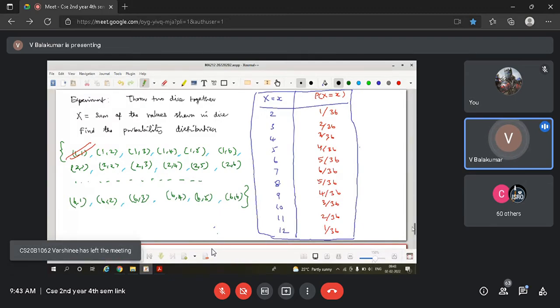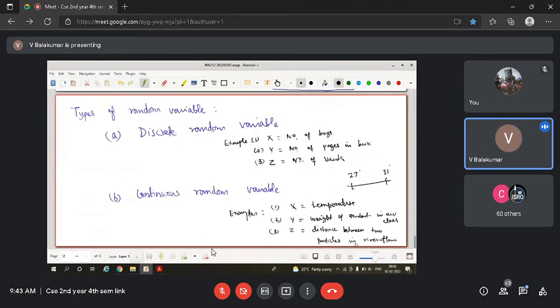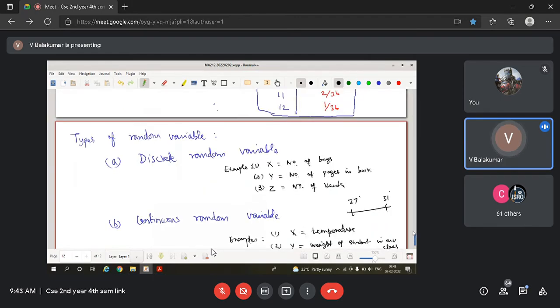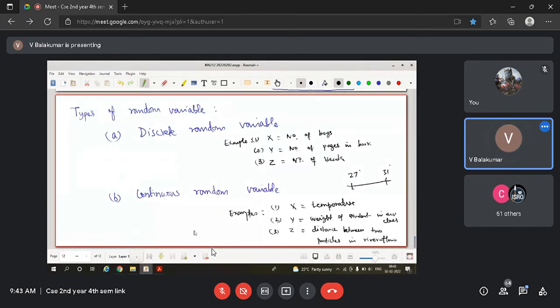But if the values taken by the random variable are infinite, not only infinite, they are uncountable. If you mark two temperatures and take the average of those temperatures, you will get a new temperature in between. Do you understand the problem? I cannot write a table.